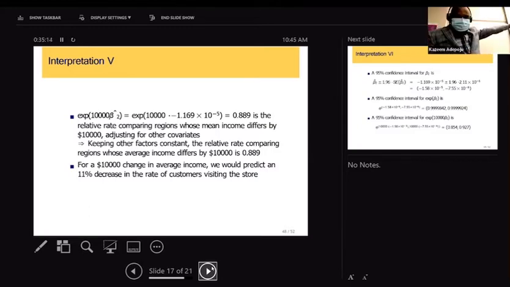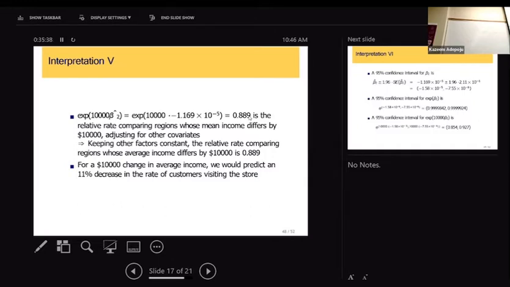Look at that, 10,000. Now you multiply 10,000 by the estimate and take the exponentiation. That gives you 0.889. How can you interpret the 0.889? That is a relative rate comparing regions whose mean income differ by $10,000, adjusted for other covariates.